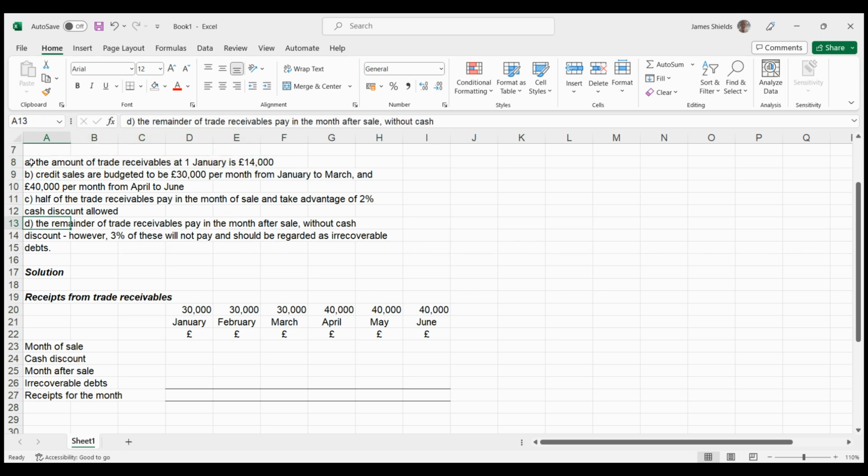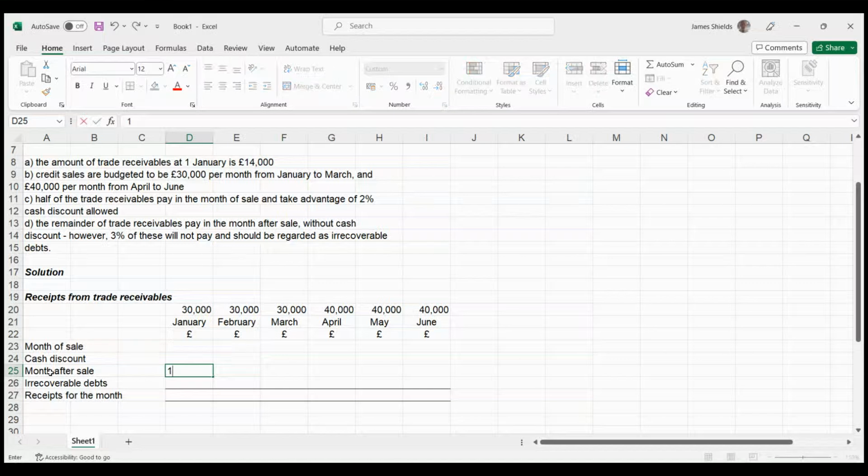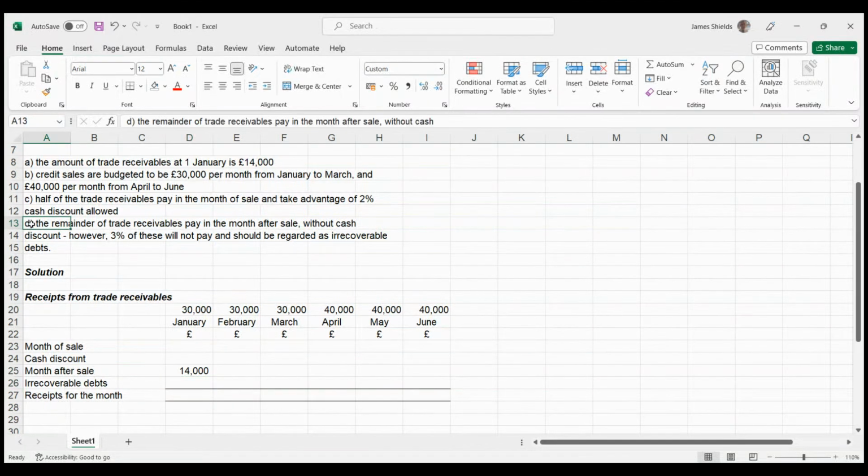Now, part A, the amount of trade receivables at the 1st of January is £14,000. And we're told the remainder of trade receivables is paid in the month after sale. So that was the balance from December. So the month after sale, we received in January, or potentially received, was £14,000. But we're told in part D that 3% of these will not pay and should be regarded as irrecoverable.